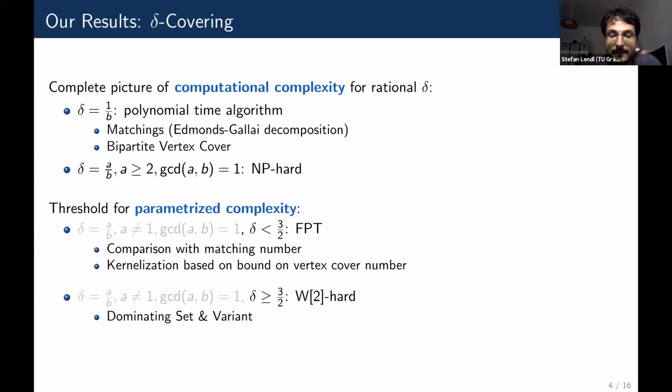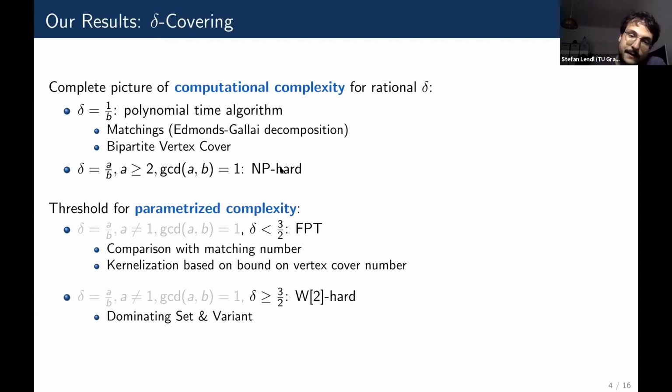What's nice is that there is no intermediary phase of W[1]-hardness, so the complexity directly jumps from fixed-parameter tractability to W[2]-hardness. The proofs of these W[2]-hardness results are, as the intuition tells one, based on different variants of dominating set for different ranges of delta.